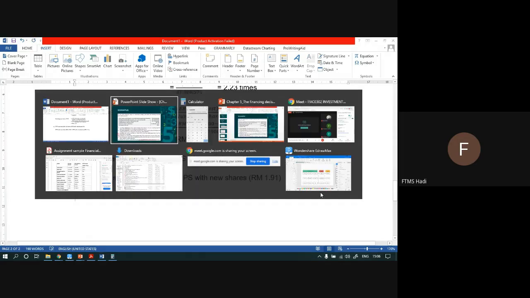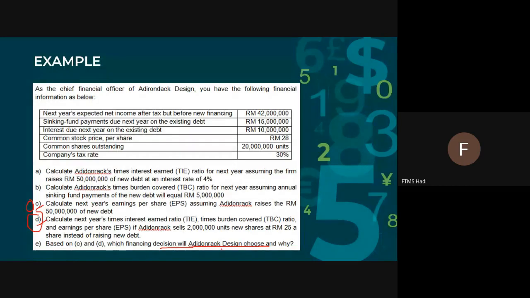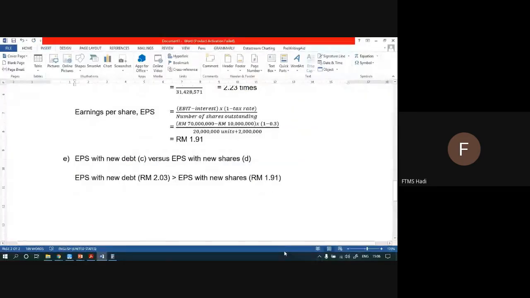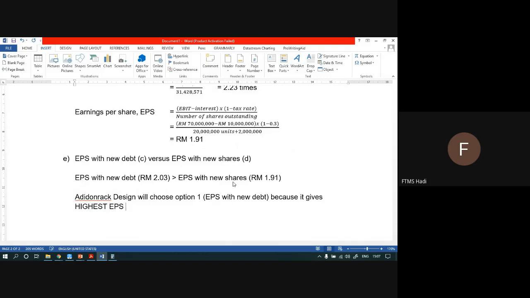So therefore, how to answer that? Which financing decision will Adidon Rec Design choose and why? This is option 1, and this is option 2.